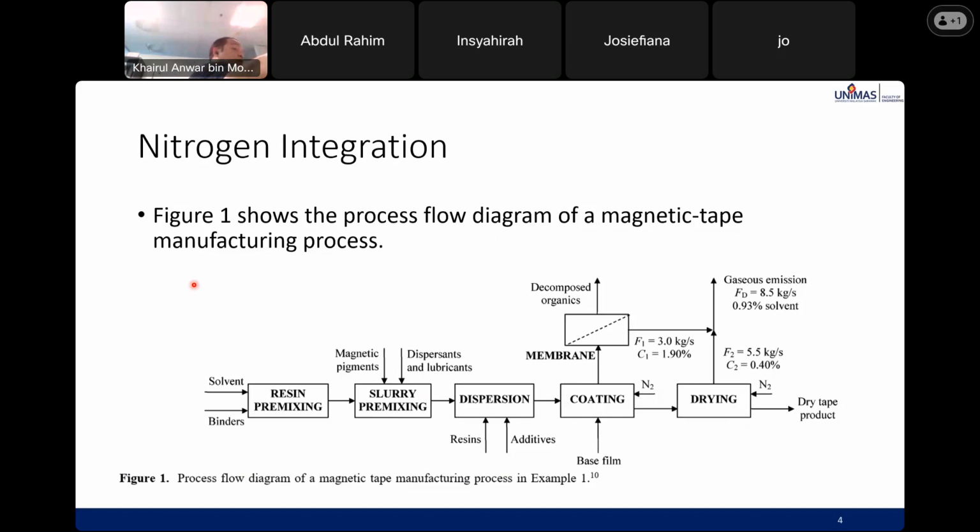The process starts with resin premixing and slurry premixing, dispersion, coating, drying, and filtration. The pinch analysis for this process flow will be done in this area, coating and drying.